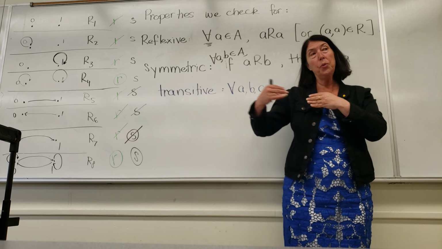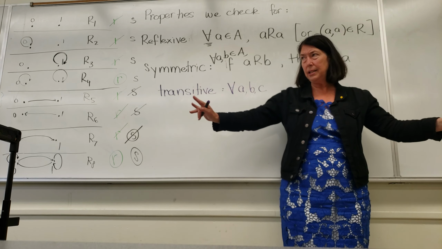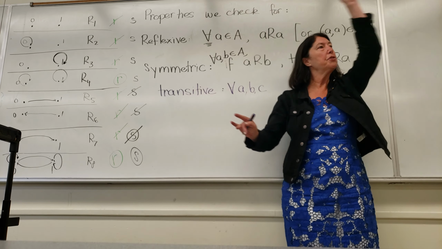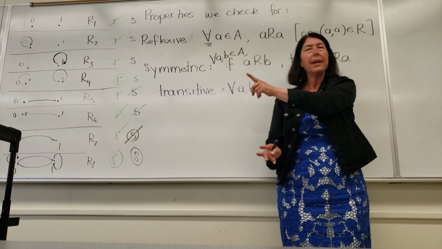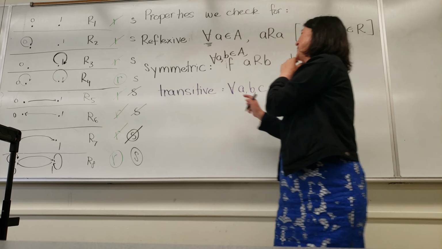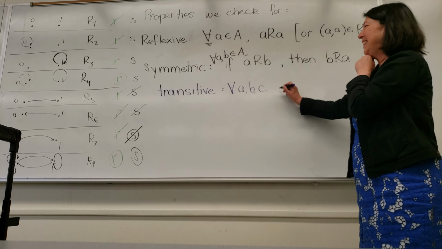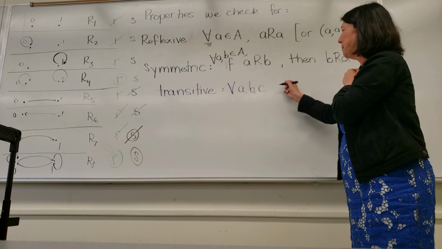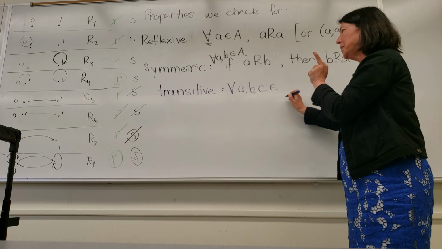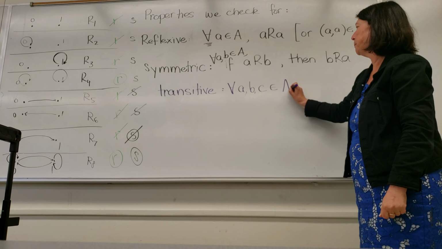There's sort of a two-step street for the relation, and then there's a direct path. Okay, so transitive: for all A, B, and C in the set A. And this one also starts with the word if.